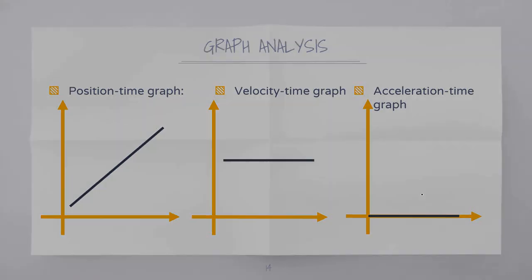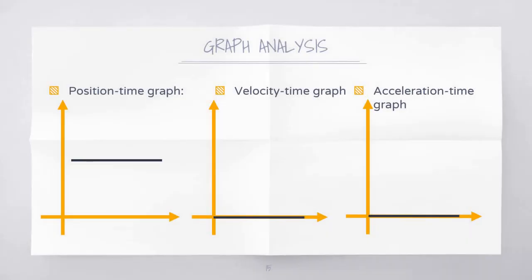And now, what if the position time graph is constant already? So constant y value. What now happens to the velocity time graph? Velocity now becomes 0 in nature, so 0 y value.